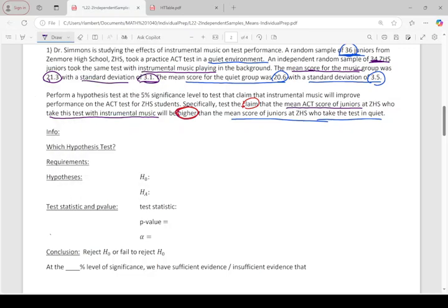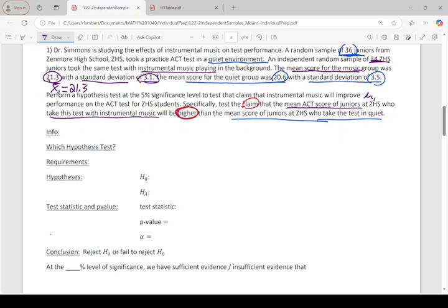So, for example, let's go back to the scenario. The mean score for the music group was 21.3. That's a sample mean, and we're just going to call it x bar 1. Down here, we're talking about the mean ACT score of all juniors who take the test with music. That's our mu1. So this sample mean 21.3 is an estimate of mu1.